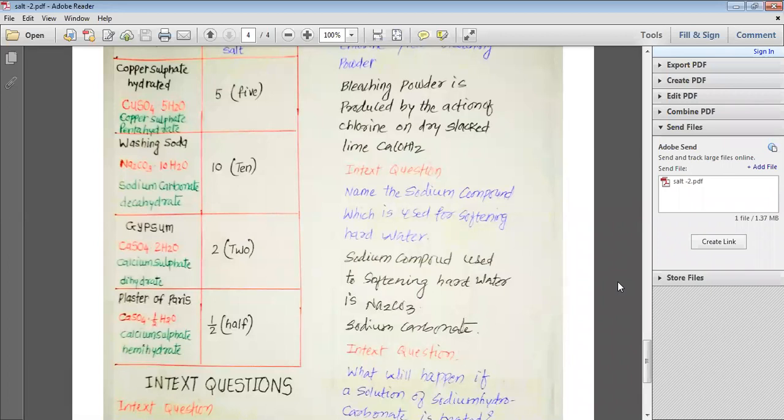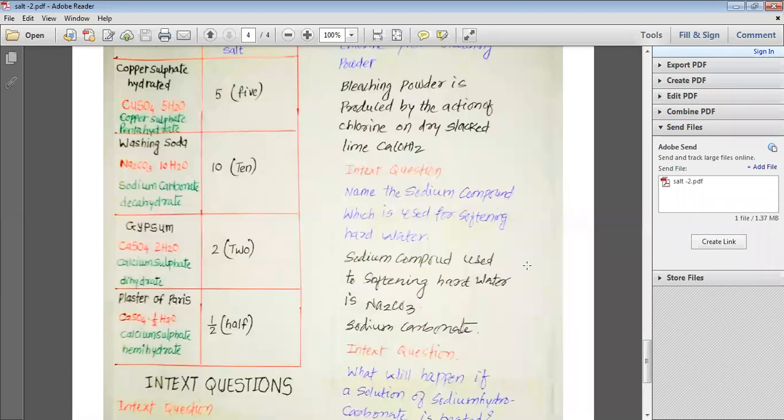Very good. Let's go: what is the common name for sodium carbonate decahydrate? Washing soda. Very good. What is the common name for calcium sulfate dihydrate? Gypsum. What is the common name for calcium sulfate hemihydrate? Plaster of Paris.